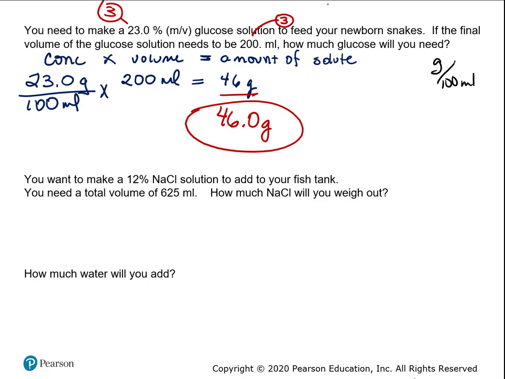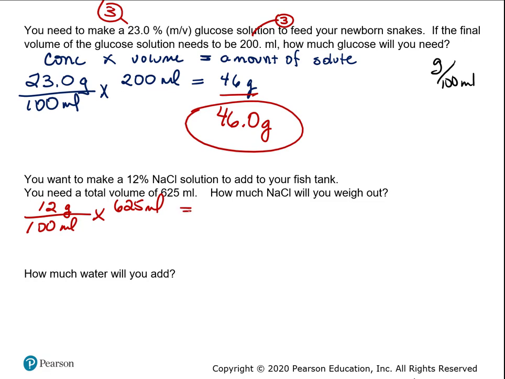So what's my concentration? 12 what? Grams per 100 milliliters, right? So that's what percent means. I've got to multiply it times the volume, which is 625 milliliters. That way milliliters and milliliters will cancel.